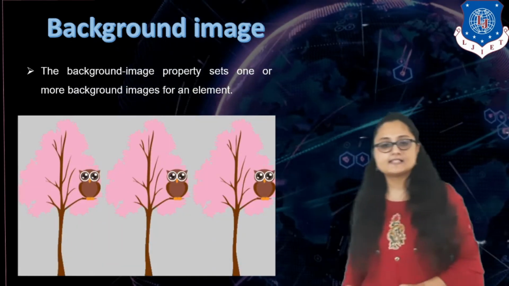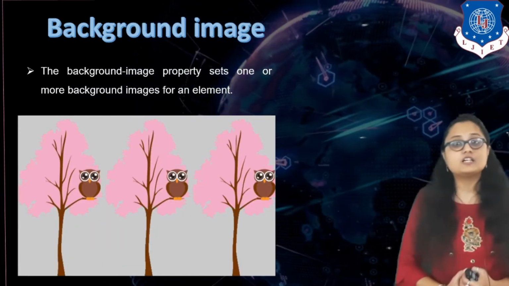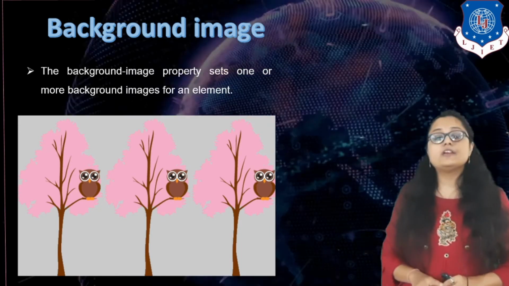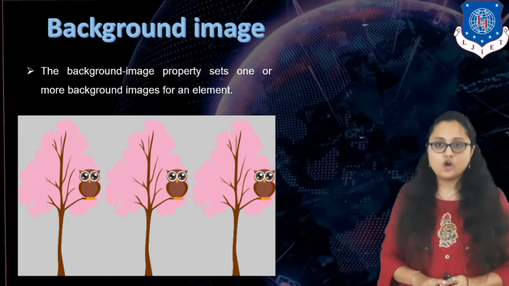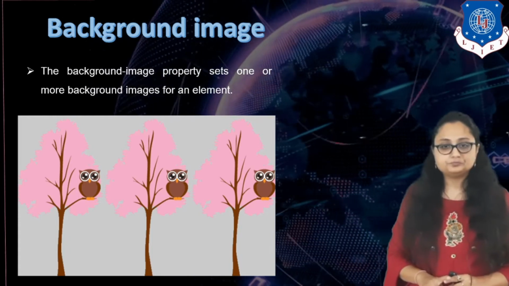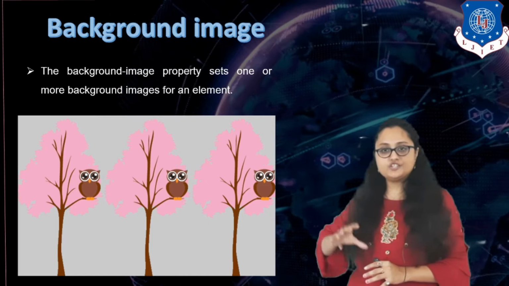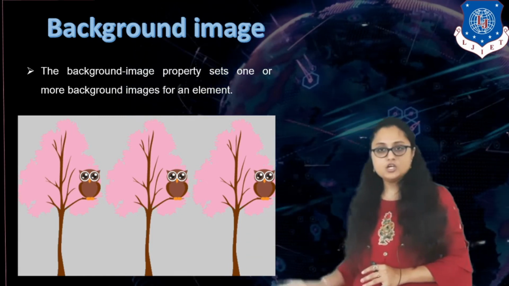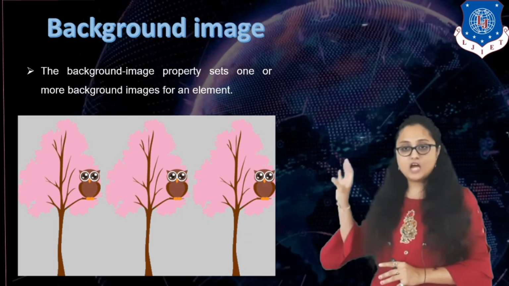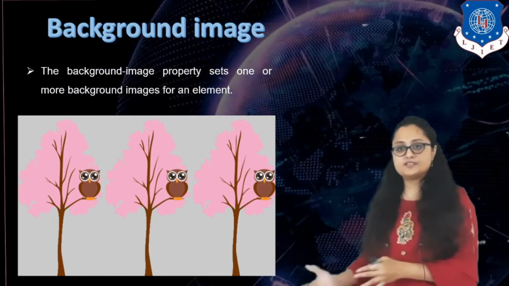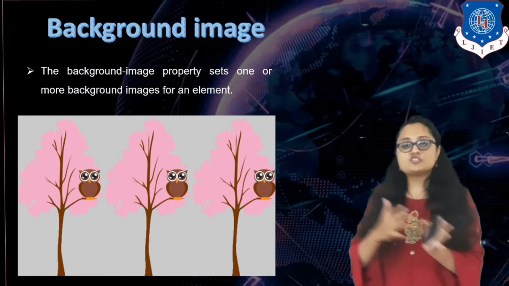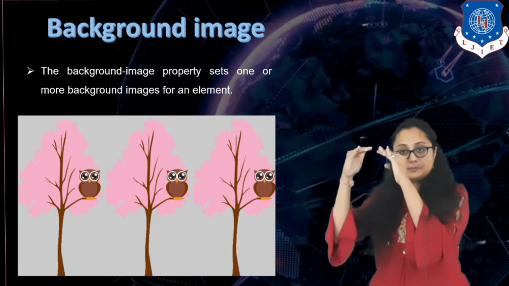This is the syntax, and this is the output: you will have an image in the background of your HTML page, right? Now you can see that this is one image which is getting repeated. This is an owl and this owl's image is getting repeated. It is repeated by default horizontally and also vertically.